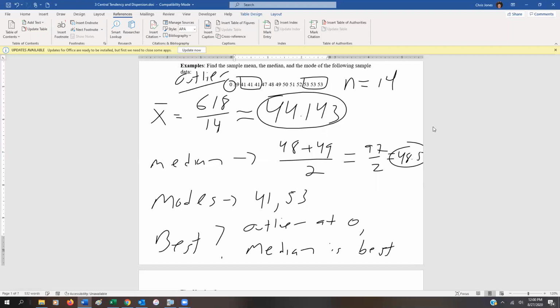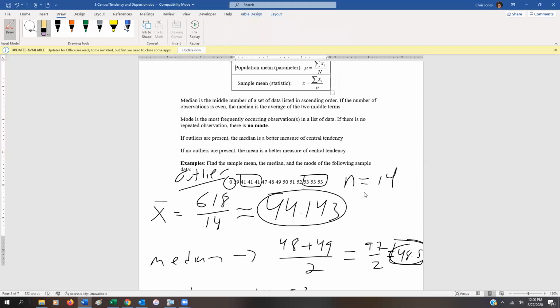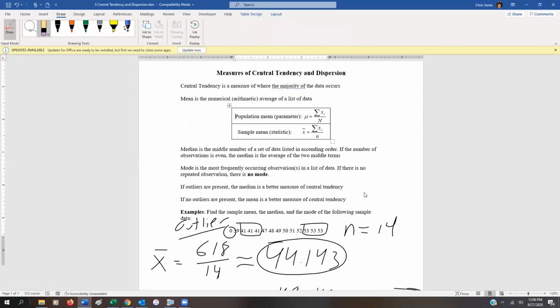So if I were to best describe the center of the data, probably 48.5 would be the best measure. That's why you hear things like median income, because there are people that make a lot of money, but that isn't reflective of the general population. Hopefully that makes sense as to how to find central tendency for sets of data.